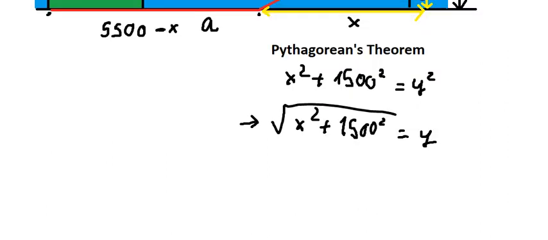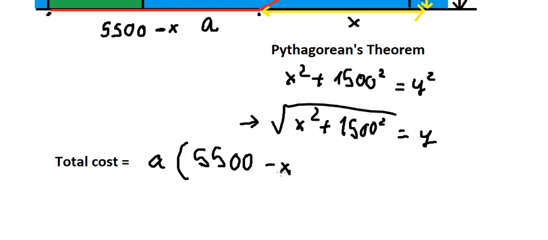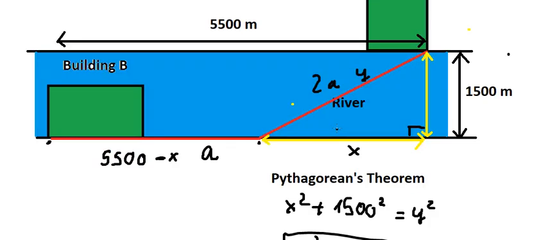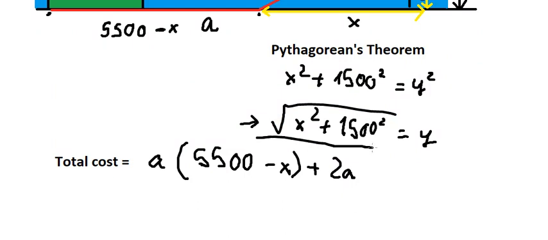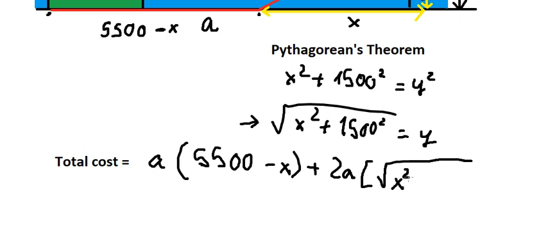Now we need to find the total cost. We have A multiplied by this one, which is the total cost of the cable on the route, and 2A multiplied by Y, which is the total price of the cable under the water.